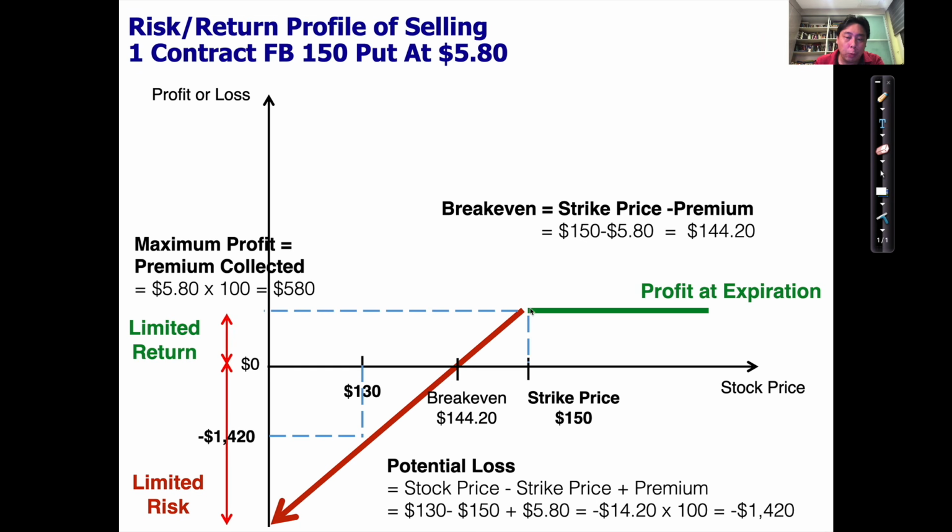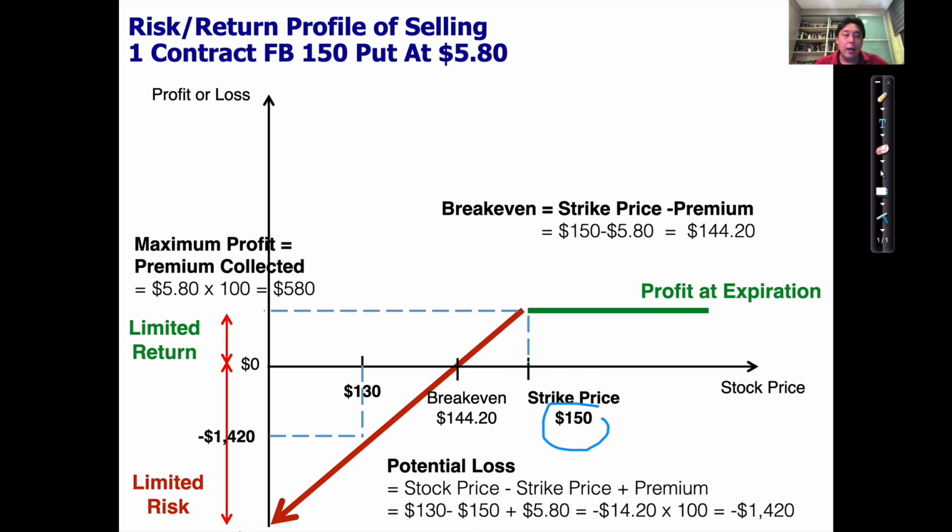If the stock price drops to 130, then you are obligated to buy the shares at 150 and then you sell it at 130 because you don't have the power to hold the shares. You buy at 150, you sell at 130. Again, you lose $20. And although $20 minus 5.80, you still get the premium, but you make a big loss. And that's why you see there's a big loss there.